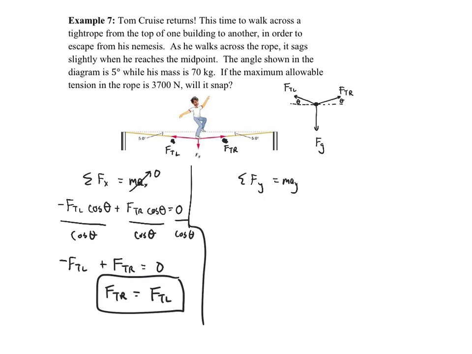That's the key here. Because in the y direction, let's take a look at what we've got now. In the y direction, the force that's pulling up, FTL sine theta, that is this component right here of this force. Plus, let me go back to black, FTR sine theta.